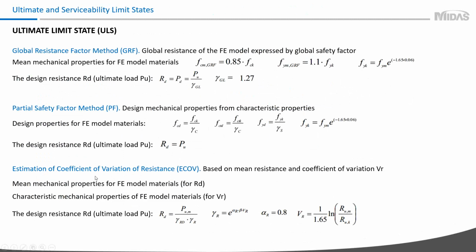And the last method is based on coefficient of variation. According to this, you have to save your model into 2 files. In the first file, you apply mean mechanical properties to the elements and perform analysis. In the second file, for your model, you apply characteristic mechanical properties and perform analysis as well. After the analysis of the second model, you can obtain the coefficient of variation.